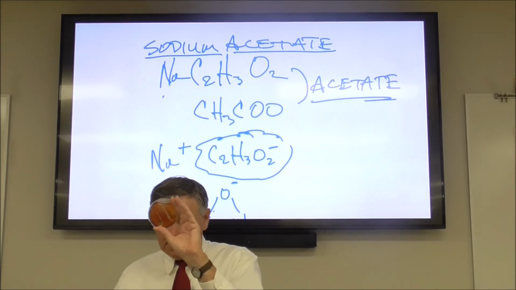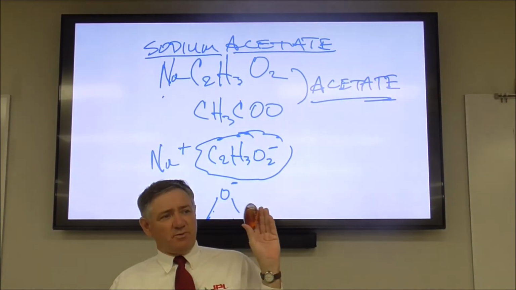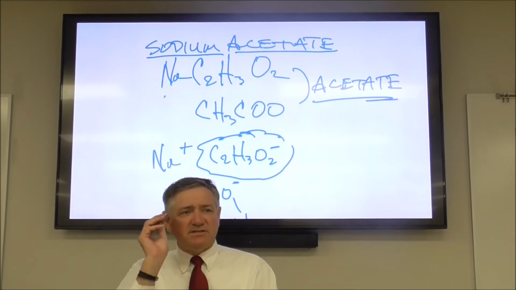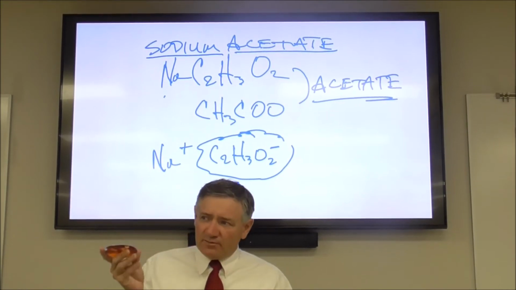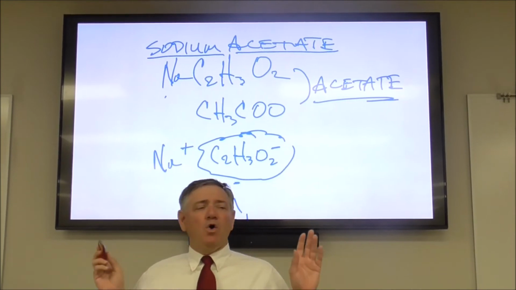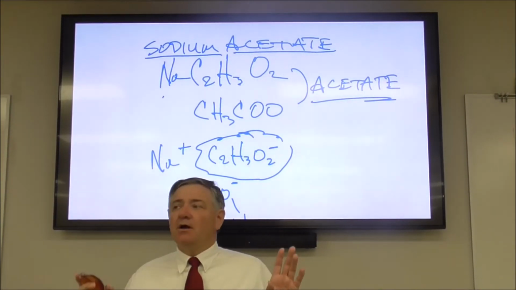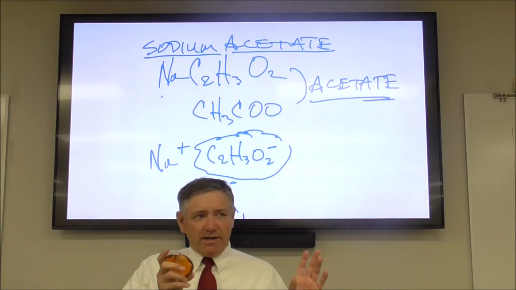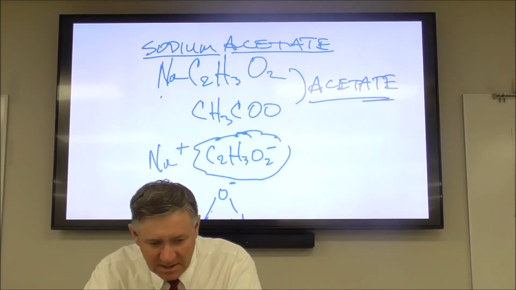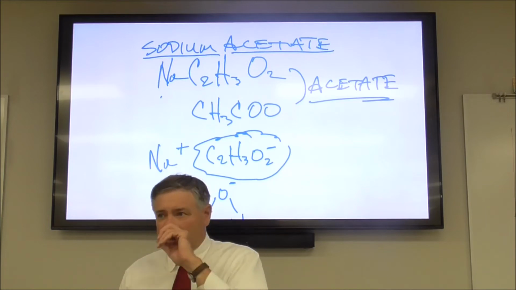So within this solution, we have what we call a supersaturated solution. So in other words, this thing is completely overloaded with sodium acetate. So there's water and a whole bunch of sodium acetate ions within this. So what's happening is that you have two different types of bonds.